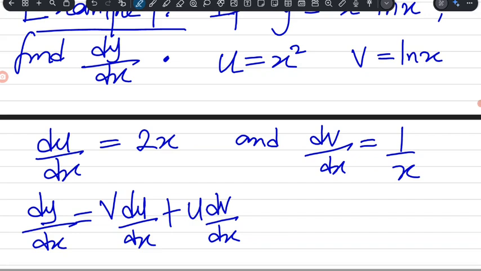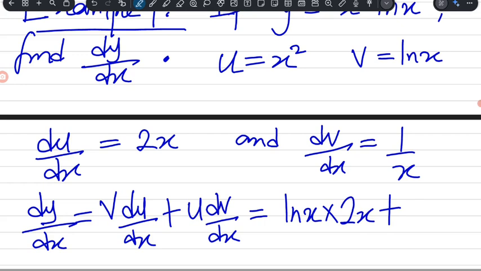Now, let's try to substitute the values. Our v is ln x, ln x to multiply du/dx, which is 2x, plus u dv/dx.